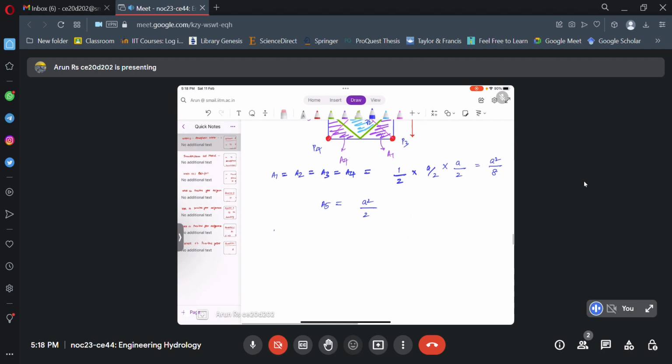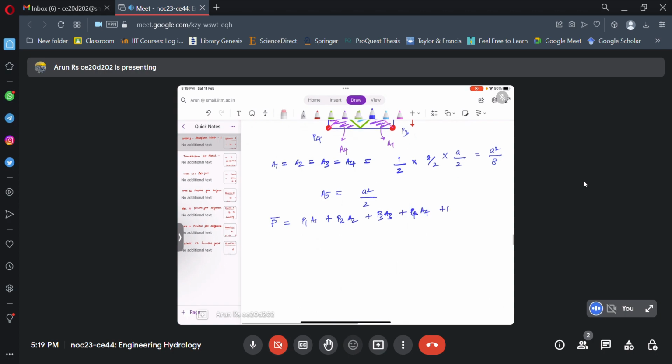So we can compute average precipitation is equal to P1A1 plus P2A2 plus P3A3 plus P4A4 plus P5A5, whole divided by the summation of all the areas.